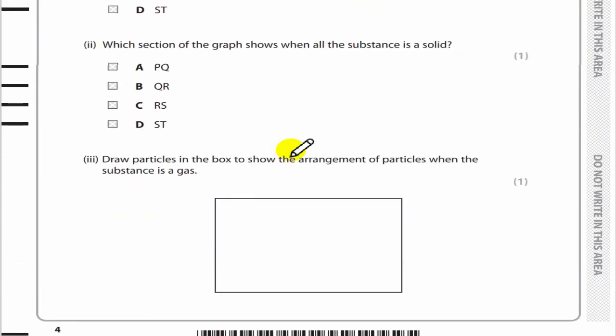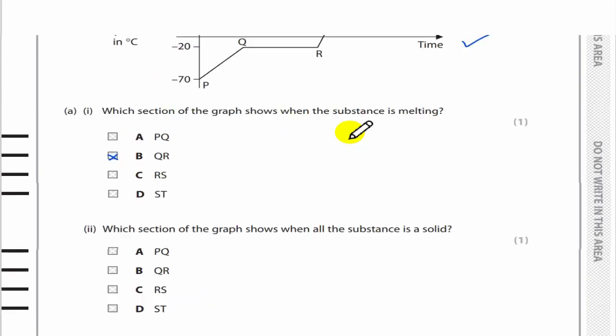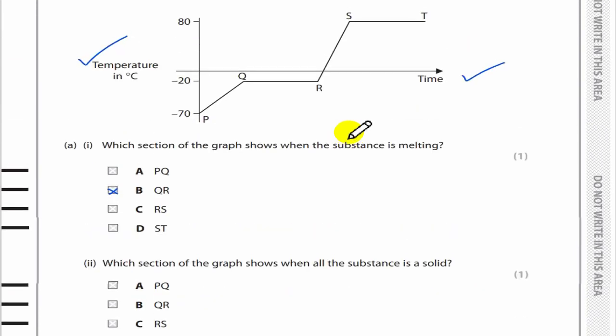Which section of the graph shows when all the substance is a solid? All the substance is solid from P to Q. Here the melting point of this substance is minus 20 degrees Celsius.